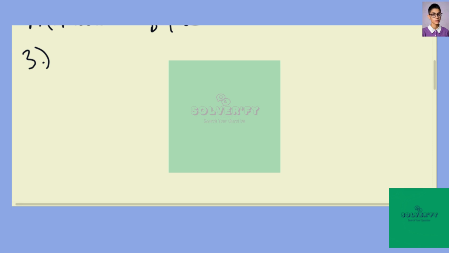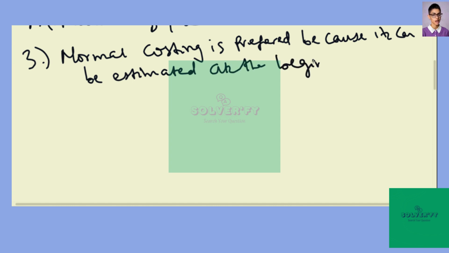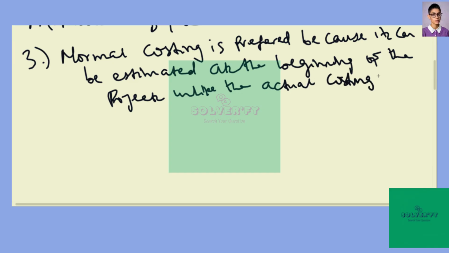Therefore, they will prefer the normal costing because it is based on budgeted values that can be estimated at the beginning of the project, unlike the actual costing, which can only be known after the completion of the project. So that's why we prefer normal costing.